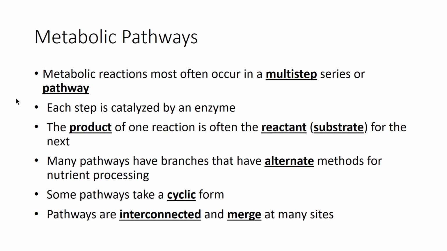So the product of the first enzyme becomes the substrate for the next enzyme, kind of like an assembly line. Each little worker in the assembly line chain modifies it and then passes it to the next. That's essentially the aspect of a metabolic pathway. There's a different kind of enzyme at each step, and the enzyme can only function once the previous step has been completed. So as it says, the product of one reaction is often the reactant substrate for the next.